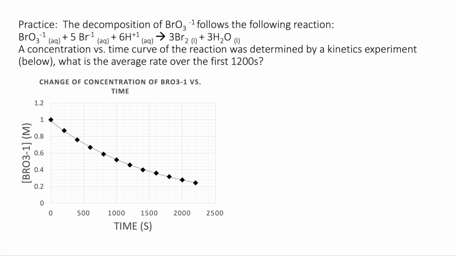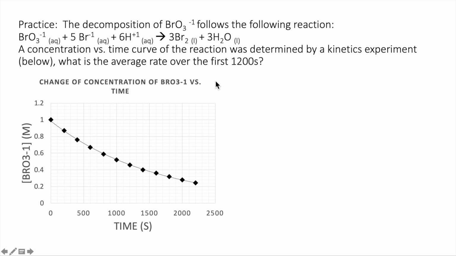All right, the decomposition of bromate follows the following reaction, and I have the reaction written down through here. A concentration versus time curve of the reaction was determined by the kinetics experiment below. What is the average rate over the first 1,200 seconds? I'm sorry, 1,200 seconds, not 12,000.